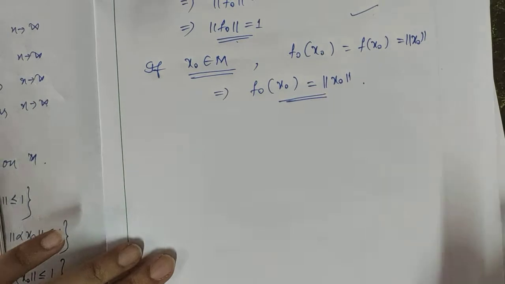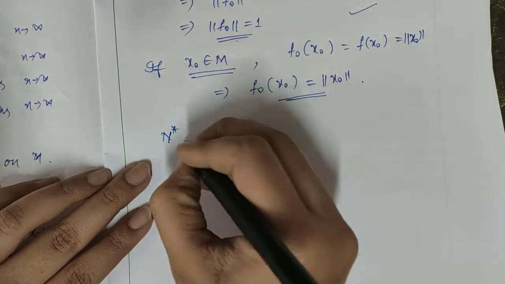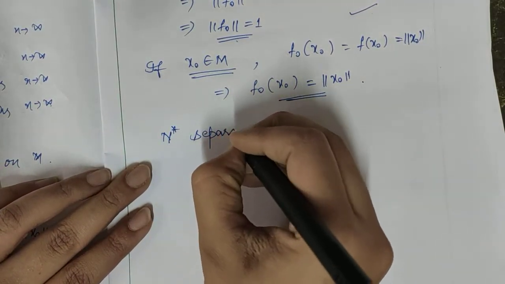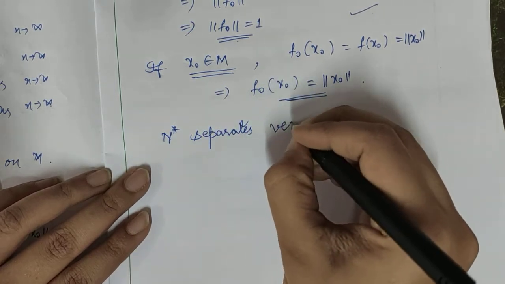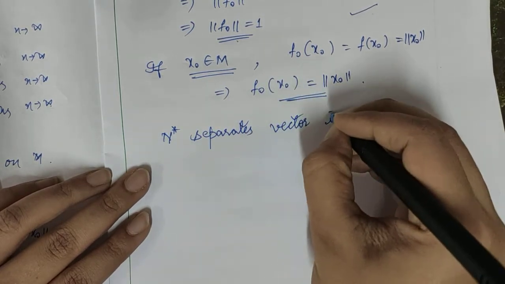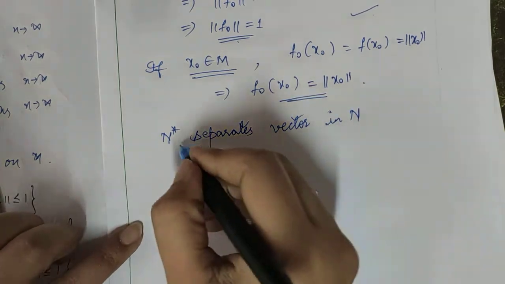The next theorem is: N star separates vectors in N. This is what we have to prove. What is the meaning of this?